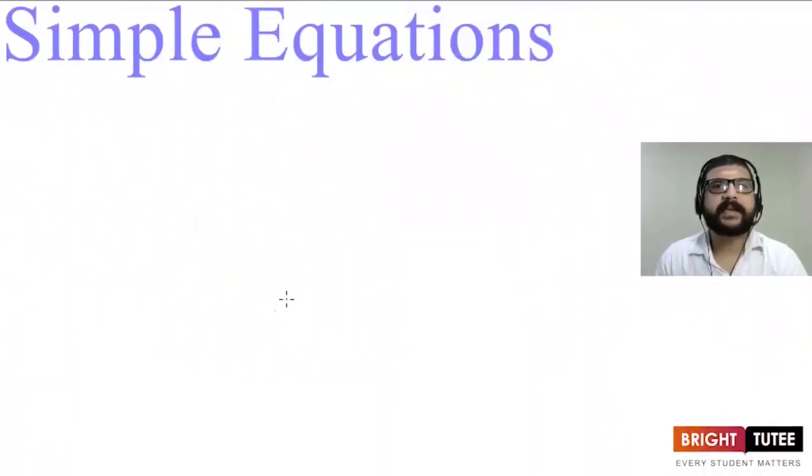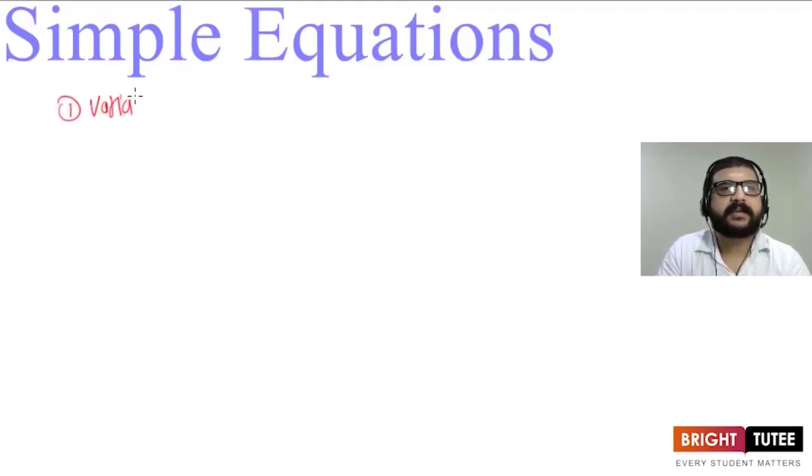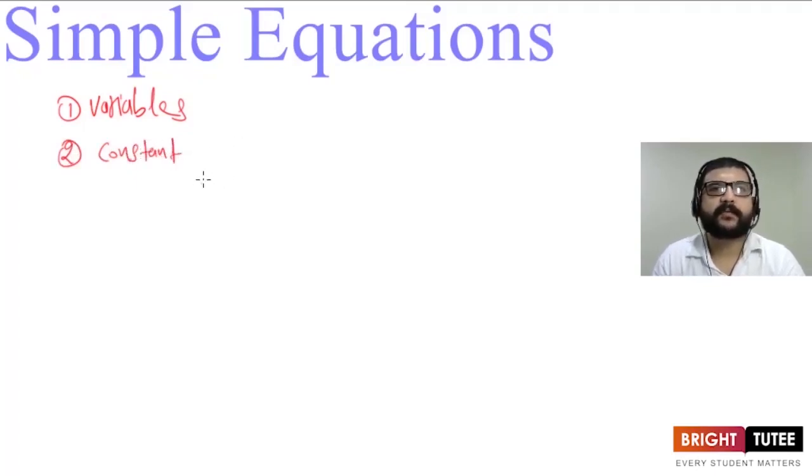Hello students, in simple equations, till now we have studied what are variables. Variables are the quantities which are not fixed. And then we have studied what are constants. Constants are the quantities which are fixed, such as 1, 2, minus 5, 3 upon 2, like this.